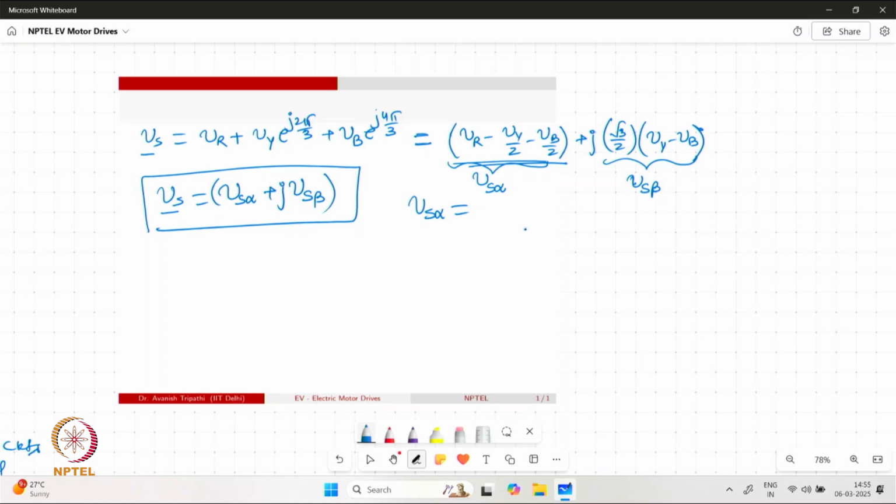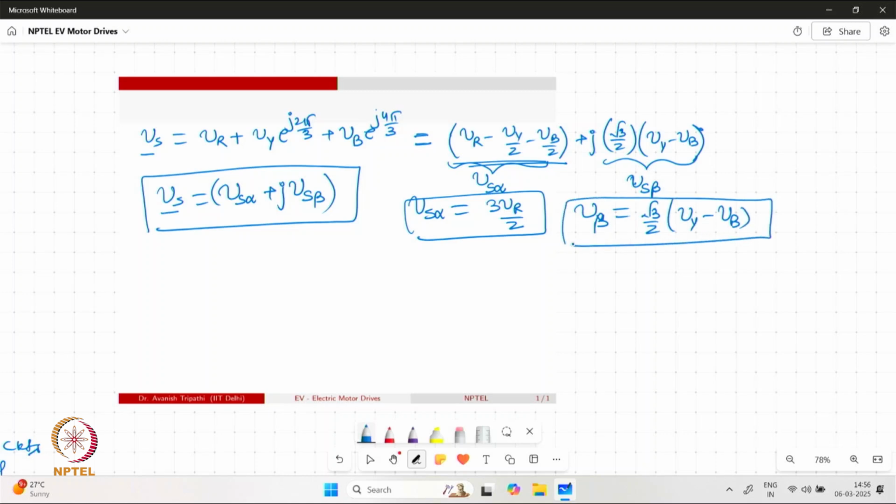For a specific case where the scalar sum of the three voltages is 0, which means a balanced supply, we can always write it as 3Vr by 2. And V beta can be written as root 3 by 2 times Vy minus Vb.